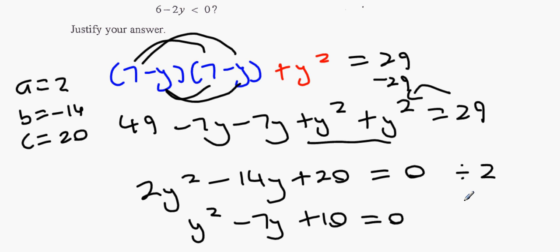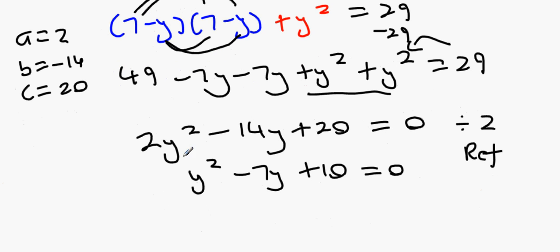The reference number is going to be 1 multiplied by 10, which just gives you plus 10. Now we need two factors of 10 that add up to minus 7. So if we get 2 and 5, minus 2 multiplied by minus 5 is plus 10, which is what we need, and minus 2 minus 5 also equals minus 7.